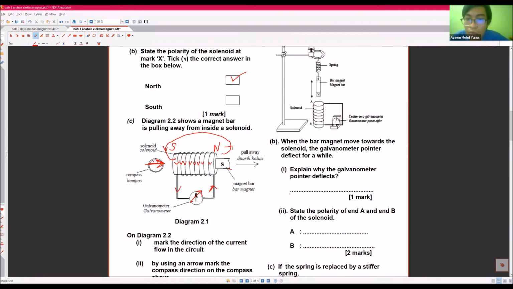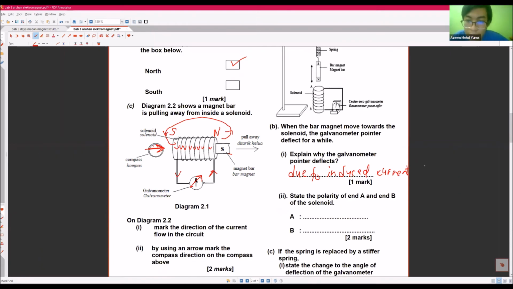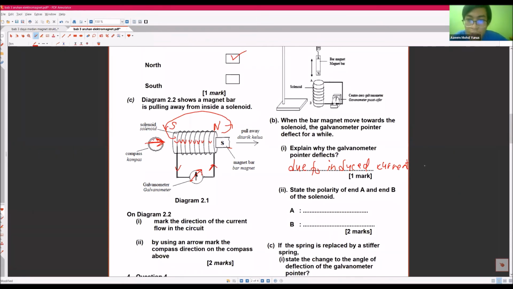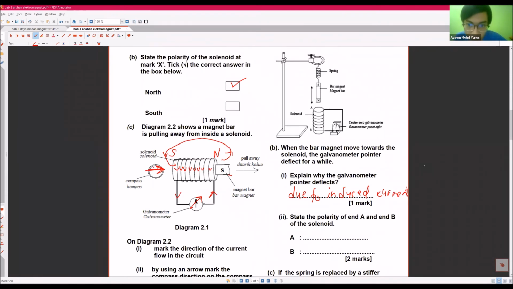The bar magnet moves towards the solenoid and the galvanometer pointer deflects for a while. Explain why the galvanometer pointer deflects. Induced current is produced. Okay. State the polarity of NA and NB of the solenoid.